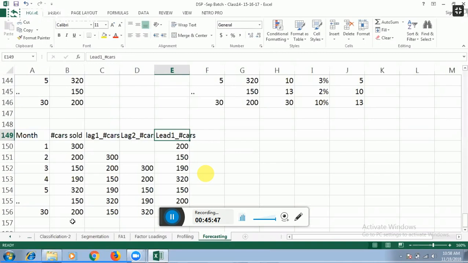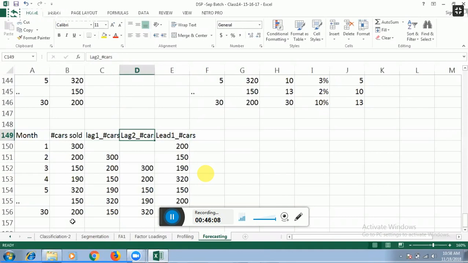Festivals come under seasonality, but here I'm not talking about seasonality. I'm talking about decisions with future implementation that impact your current month sales. Of course, these are very rare scenarios, but generally lags will be very helpful.